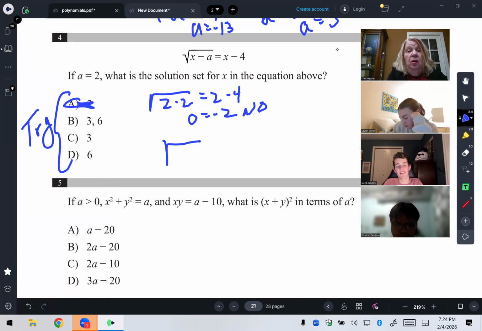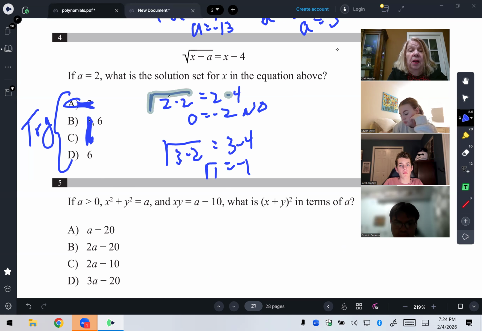Okay, let's try 3. And to save time, you don't have to square these guys. So this will be 3 minus 2. Does the square root of 1 equal 3 minus 4? No. Well, it has to be 6, but let's just try it.